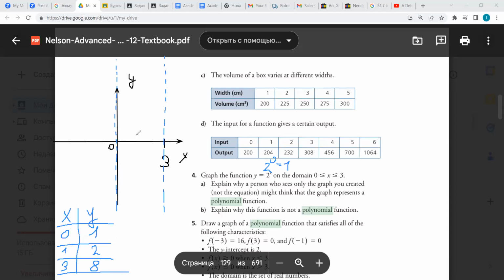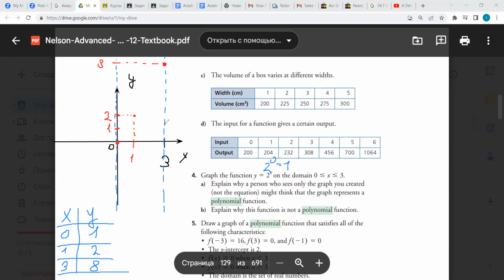Great. So let's plot these points on the graph. x 0, y 1, x 1, y 2, and x 3, y 8. 2, 4, let's say it would be somewhere here.